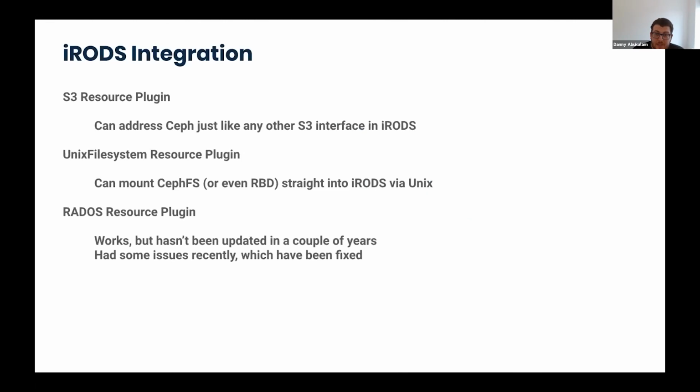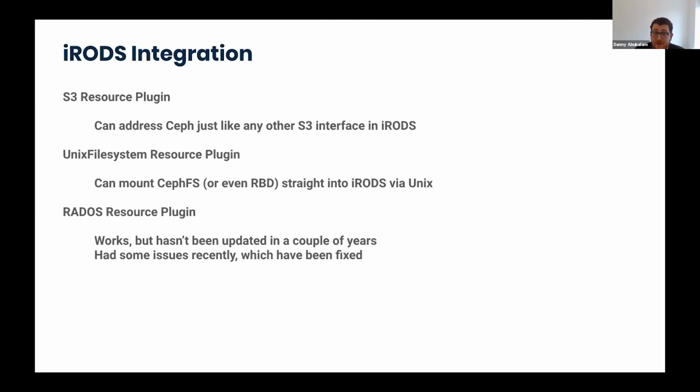So how does this work with iRODS? Both Ceph and iRODS are obviously open source and very flexible systems, so inevitably there are a number of ways we can integrate Ceph with iRODS. And if you don't like all these ways, you can probably build your own. To start with, and what seems fairly widely used across the community, is the S3 resource plugin.